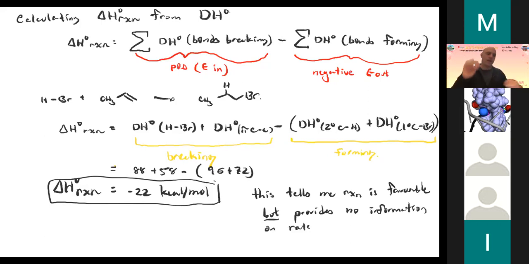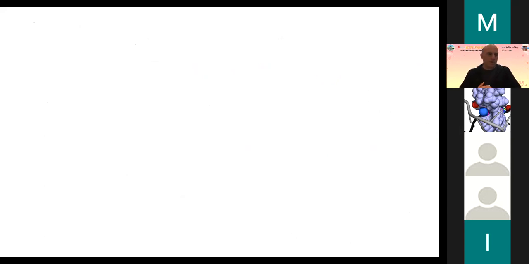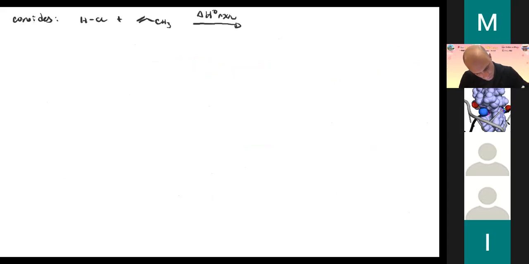To drill down on that for a second, I can consider the addition of HCl to an alkene. I can add the HCl across.